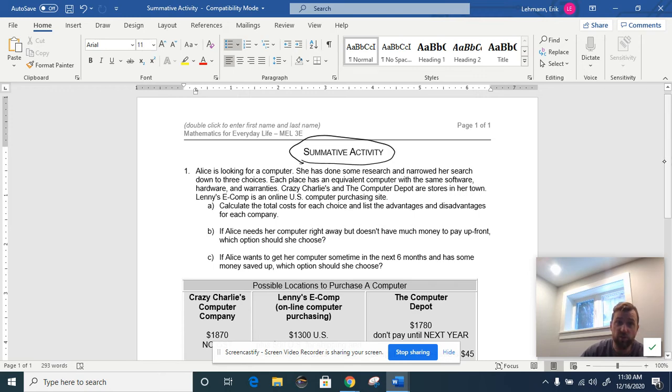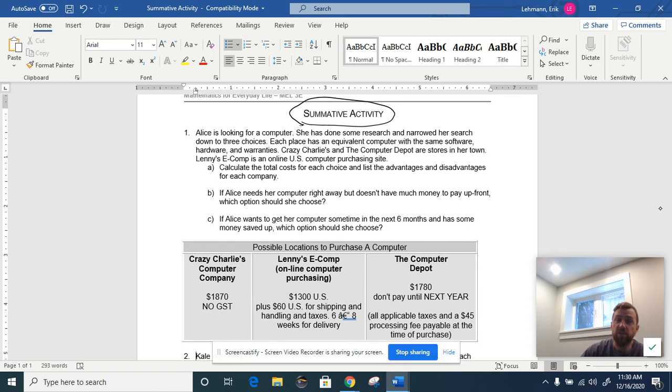One is Alice is looking for a computer. Each place has an equivalent computer with the same software. Okay, so you're getting the same computer with the same software. Possible locations to buy a computer: we've got Crazy Charlie's, which is $18.70 with no tax. Okay, no, it says GST, but we're saying no tax in general.